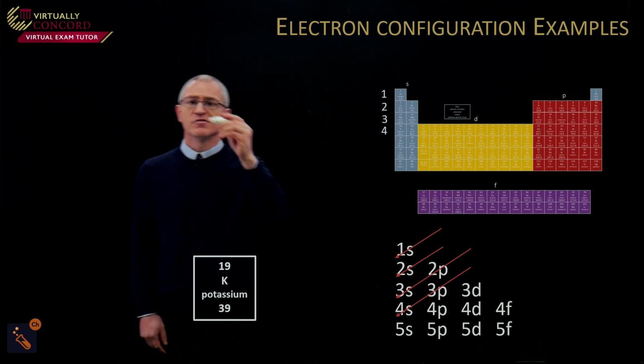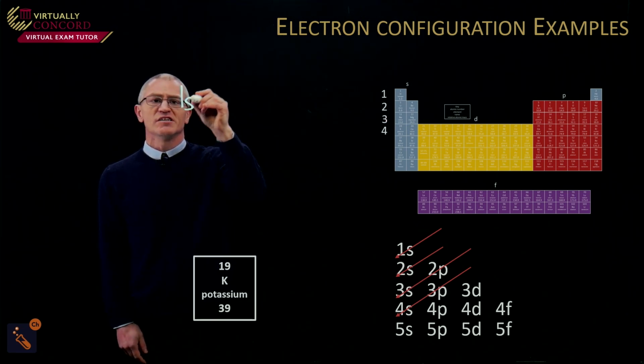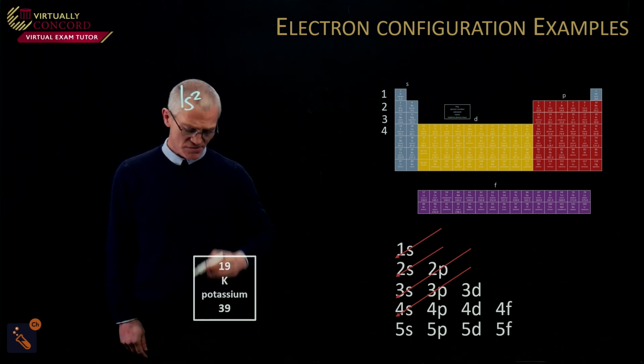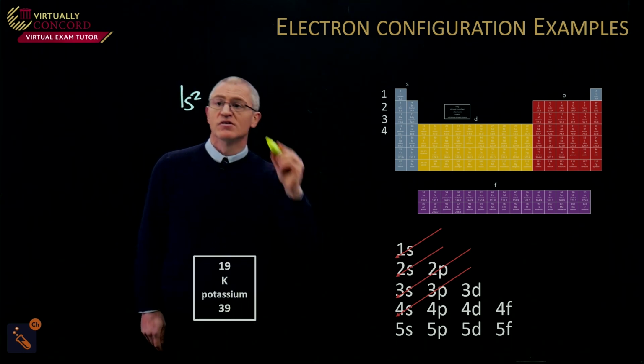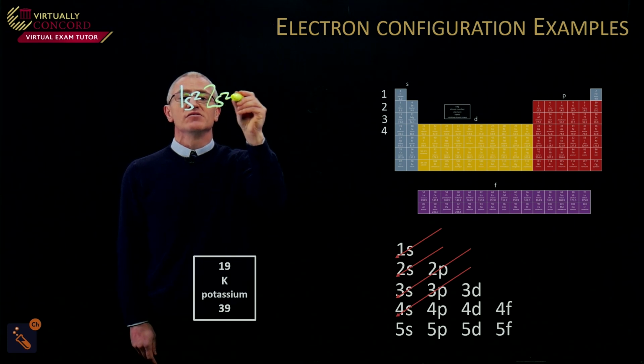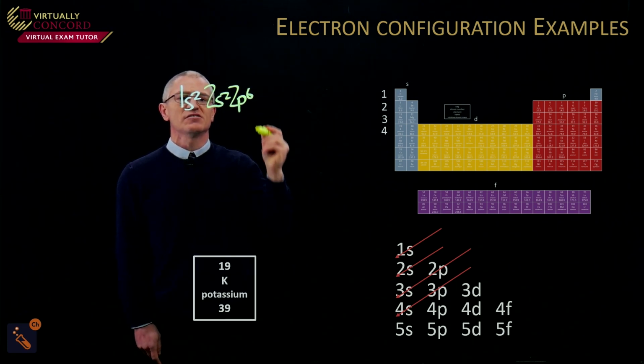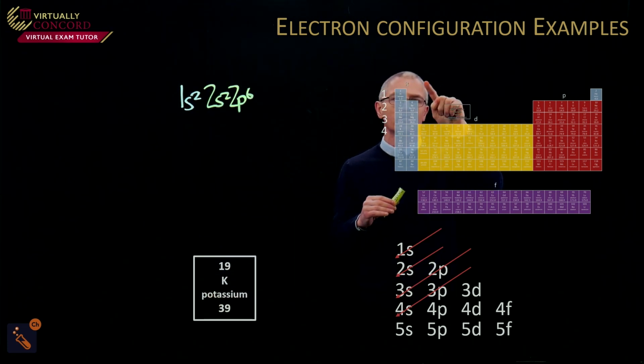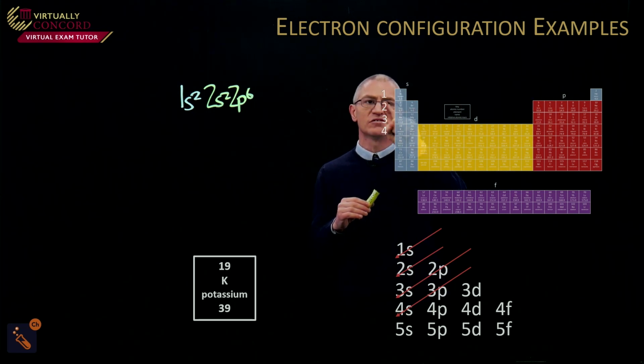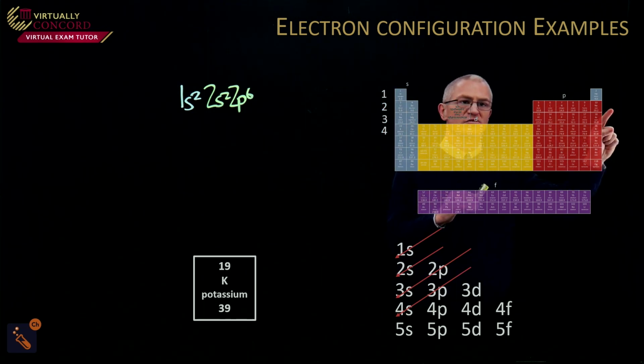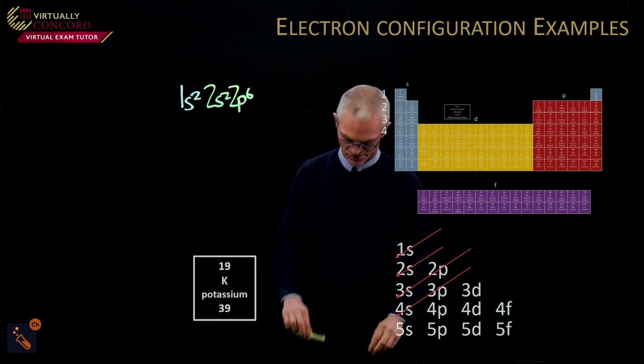So as before, we've got 1s2, and then we are going for 2s2, 2p6, and that's all us counting across again, just going 1, 2, blue boxes, 2s2, and then 2p6. We filled 10 electrons.